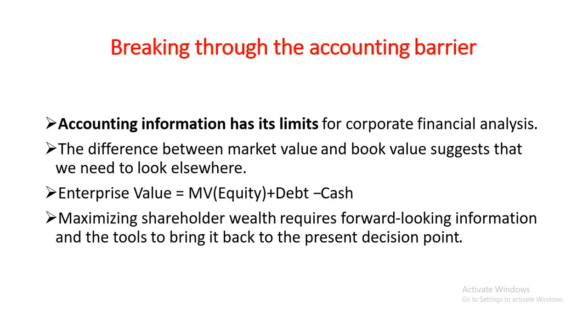So to maximize shareholders' wealth, we need to look forward, and our forward looking information will help to take present investment decisions, and for this we need to use some tools to bring the forward looking information back to the present decision point.